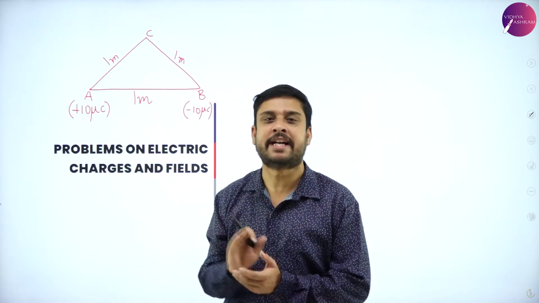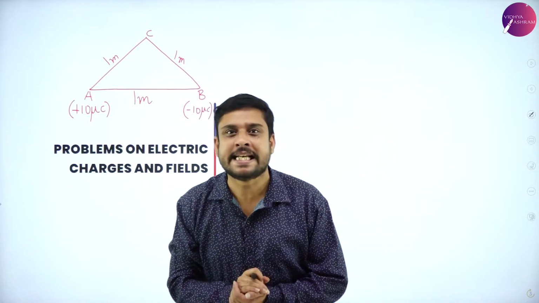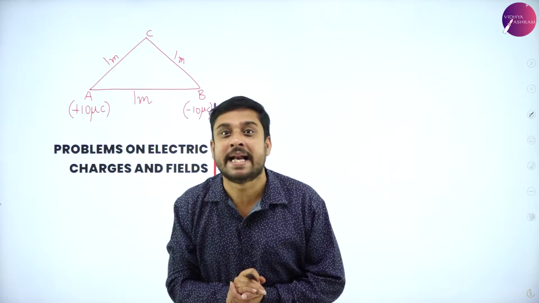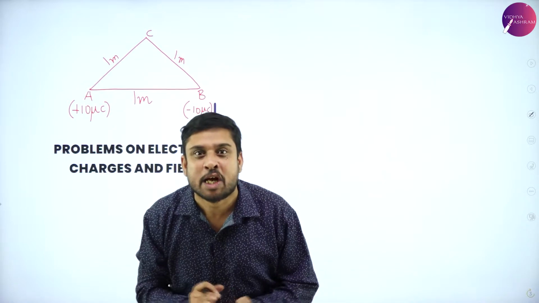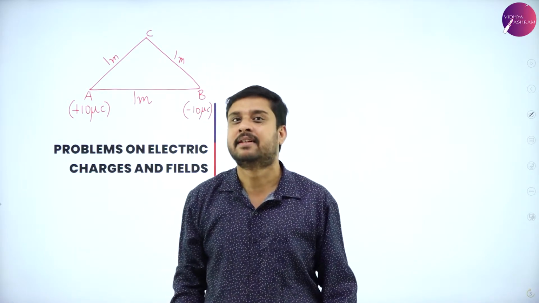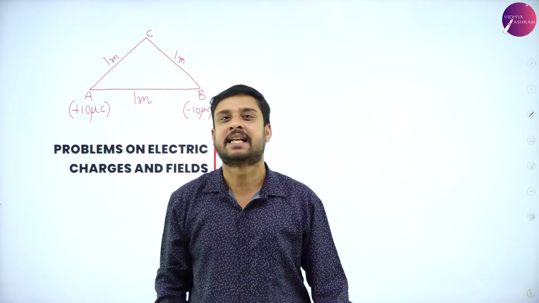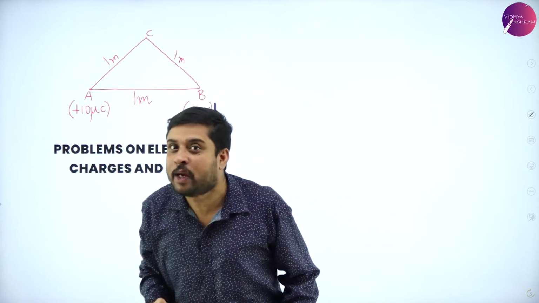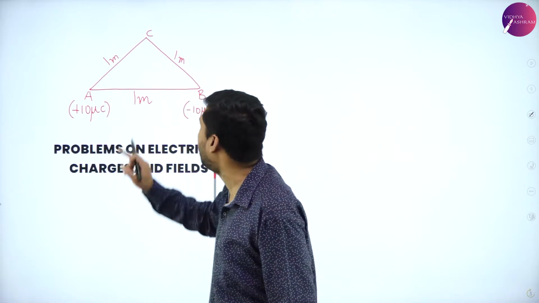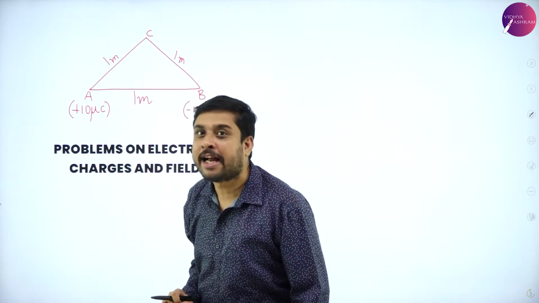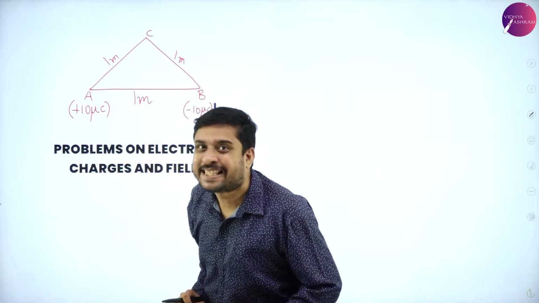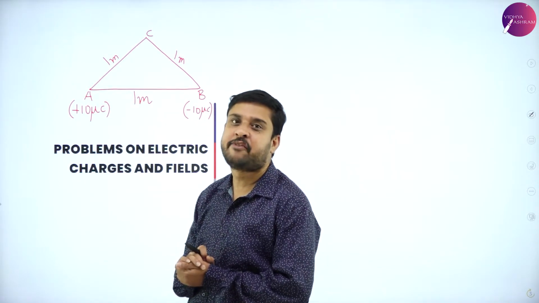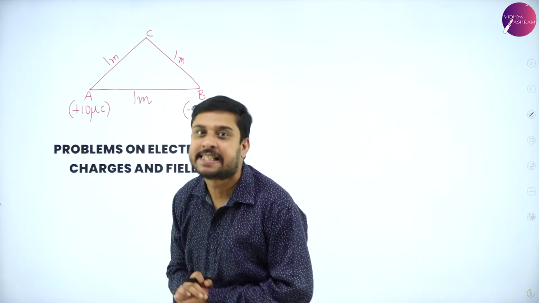Observe the triangle. All 3 sides are 1 meter length. So it is an equilateral triangle. Where am I calculating the electric field now? At the point C. I am testing the electric field at the point C.